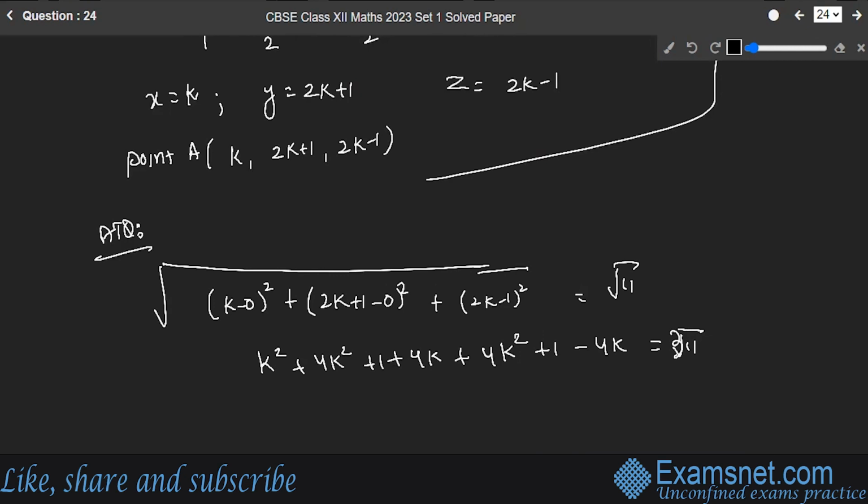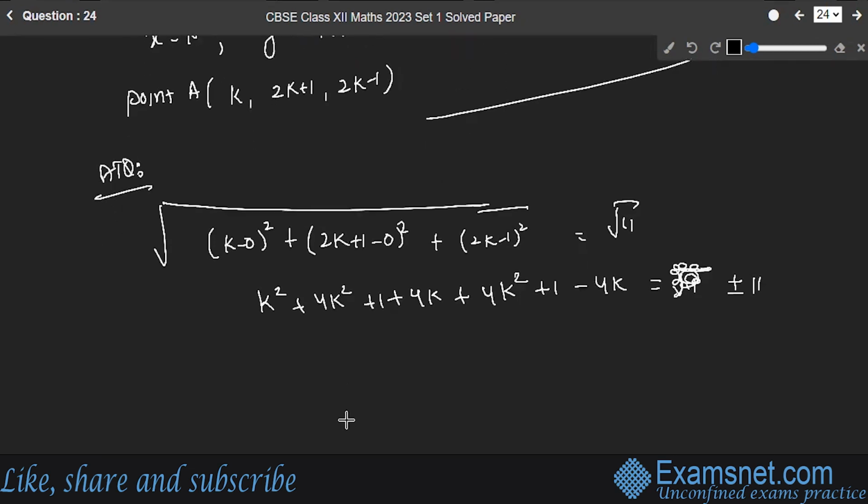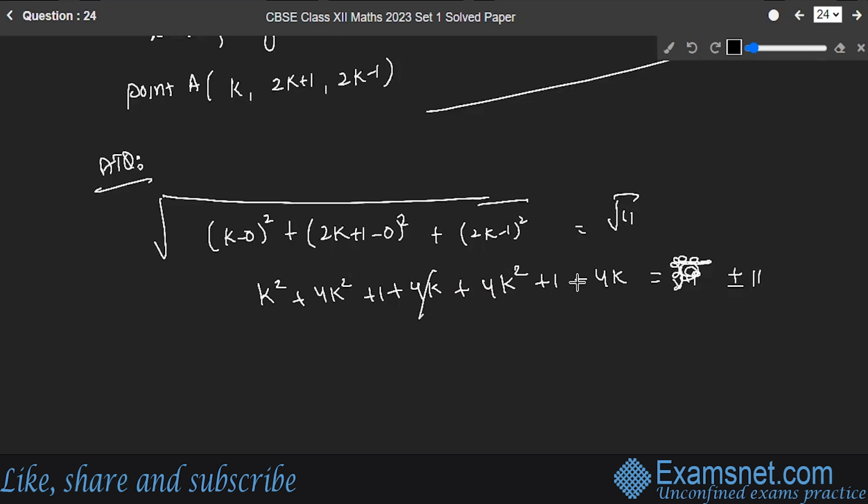Root will cancel. I'll say this is equal to 11. So this will cancel out and you have 6k square plus 2 is equal to 11, or 6k square is equal to 9.